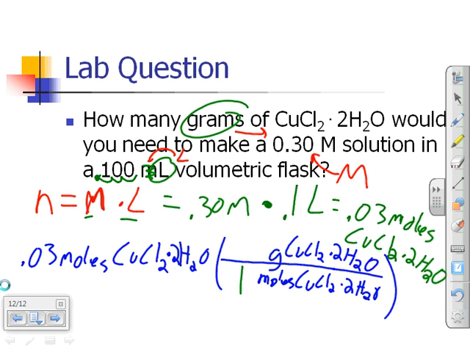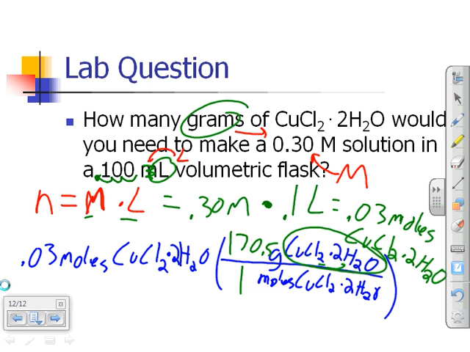We know that 1 mole of copper 2 chloride dihydrate is going to be the molar mass of this whole thing. We need 1 copper, we need 2 chlorines, and we need 2 waters associated with it. When you do that, you get 170.5 for our molar mass.